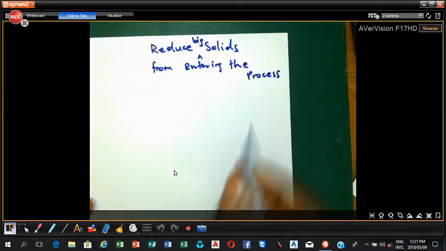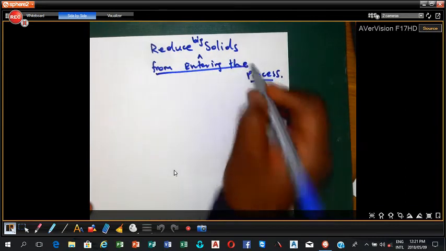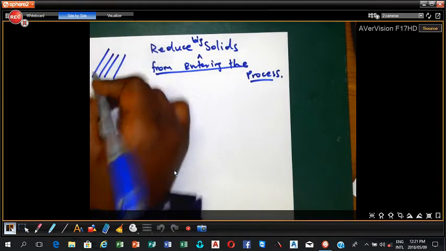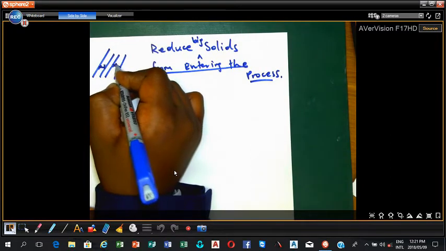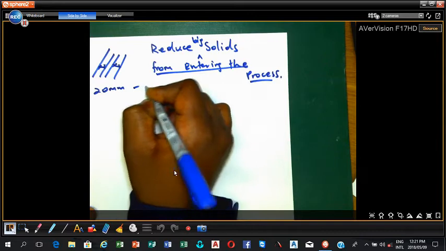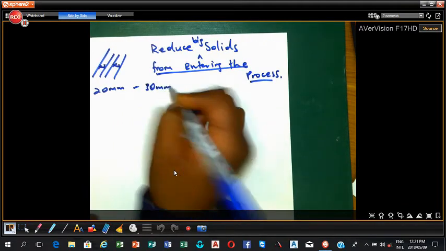Now, if you reduce the solids from entering the process, that means you understand that there is spacing needed between those bars at your screen, which is between 20 millimeter to maybe 30 millimeter, it depends.